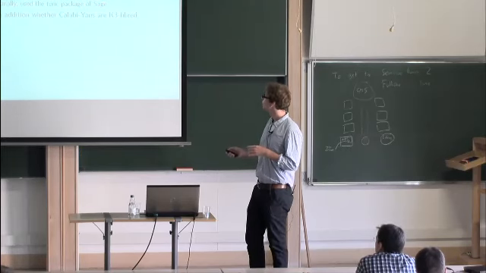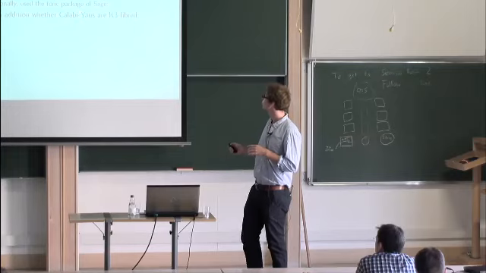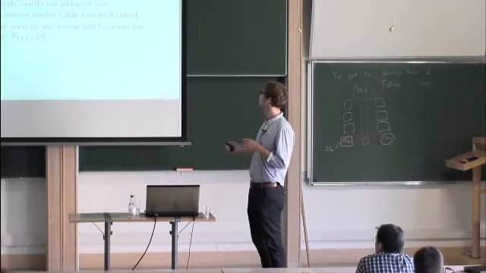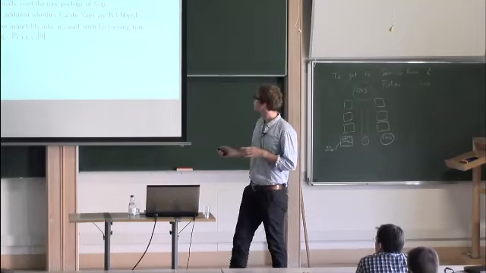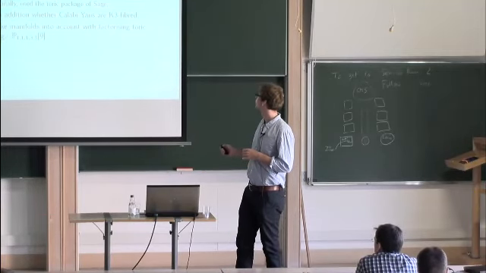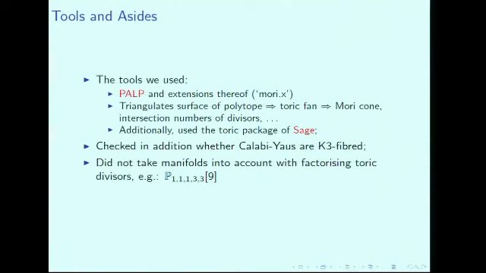In addition to the checks I showed you already, we looked at whether these Calabi-Yaus are K3 fibered, because this might give interesting structures for model building and in inflationary scenarios.